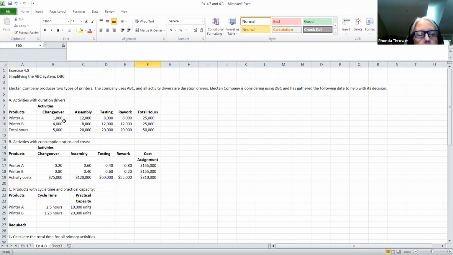So you can see how many hours are devoted to each one of the products. And then they added all the total hours together. And then they also gave you the activities with consumption ratios and cost. And so for printer A and B, they gave you the amount of the consumption ratio and cost for each one of these products.